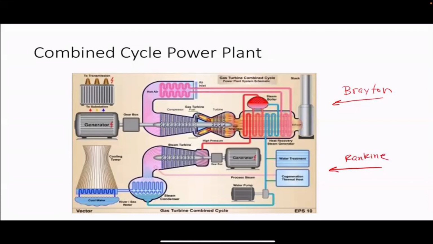And the way that this is operated is that fuel and air are first fed to the Brayton cycle, where you go through the turbine in the Brayton cycle, right? And so you make the blades spin, that directly goes to a generator, which makes electricity, right? Which is then transmitted somewhere down the line.